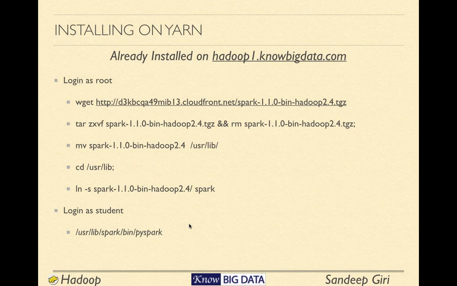So we'll be going ahead with Python Spark. The reason is that if you're getting into big data, it makes more sense to go with Python because a lot of tools and technologies are in Python.